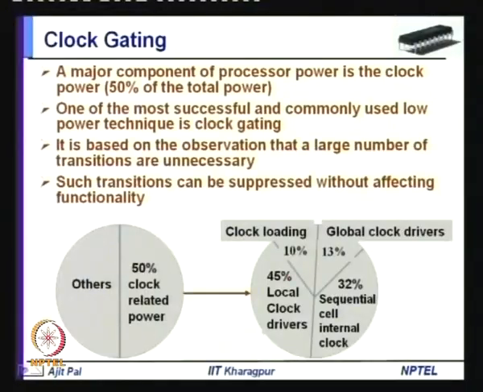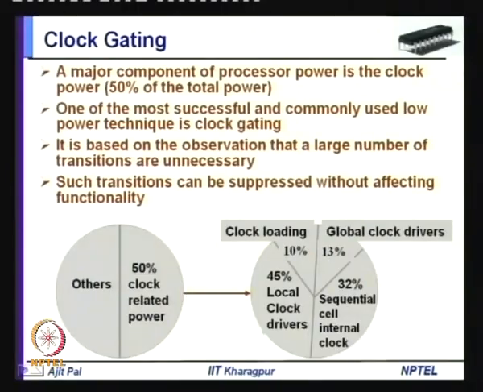What is the basic idea? The basic idea is based on the observation that a large number of transitions are unnecessary. When you apply a clock, it makes transitions, and those transitions are not always necessary. Particularly, you will find that some parts of the circuit are not in use, or their outputs are not used.